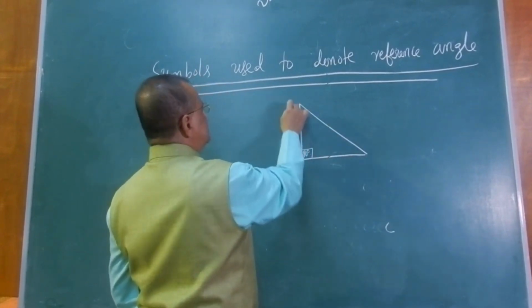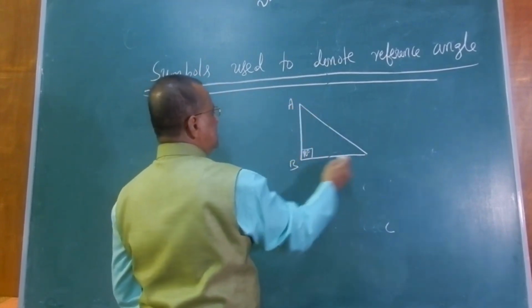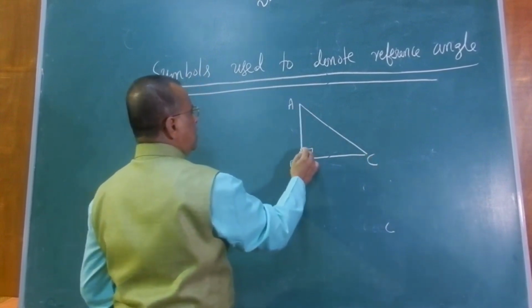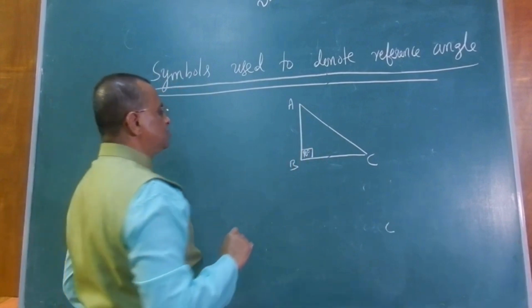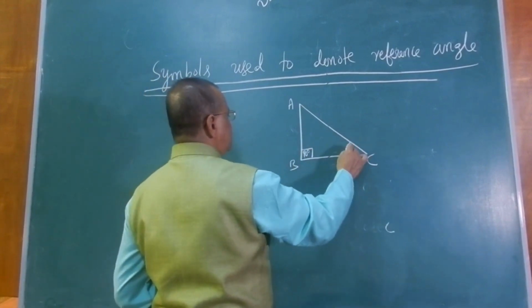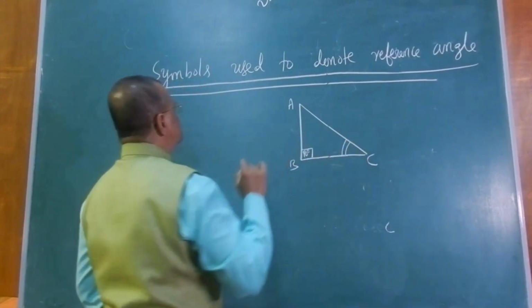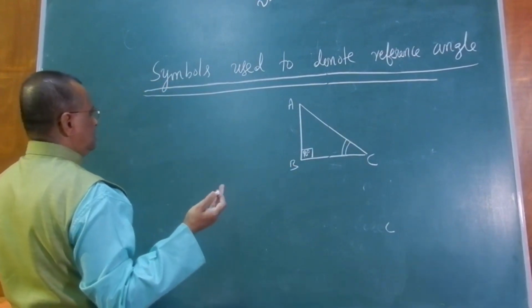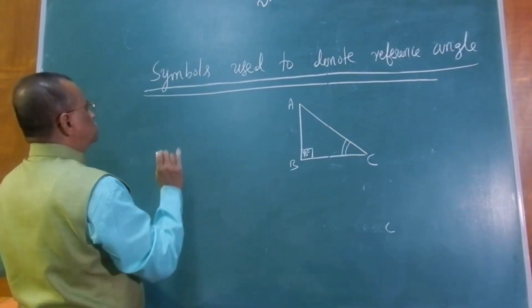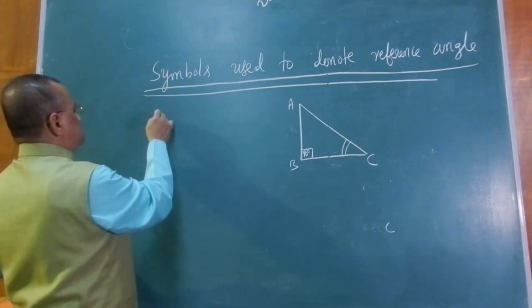Suppose this is the right angle triangle. I have marked angle ABC as 90 degree. In order to denote a reference angle, we use certain Greek symbols. Let us learn about those symbols and their names.